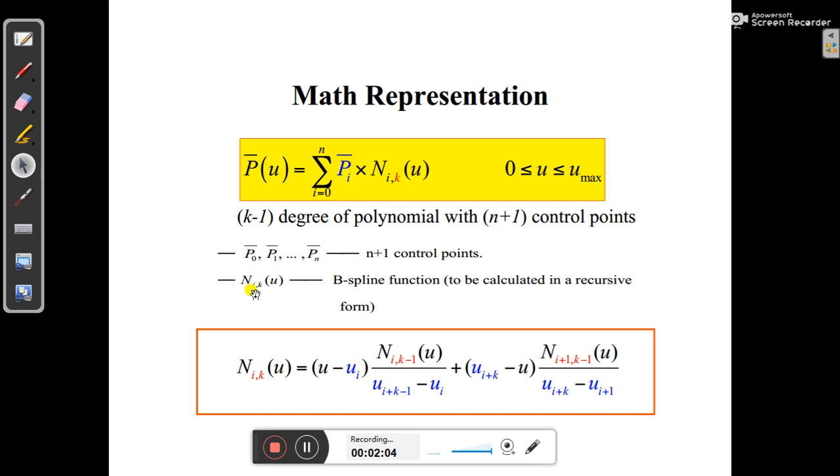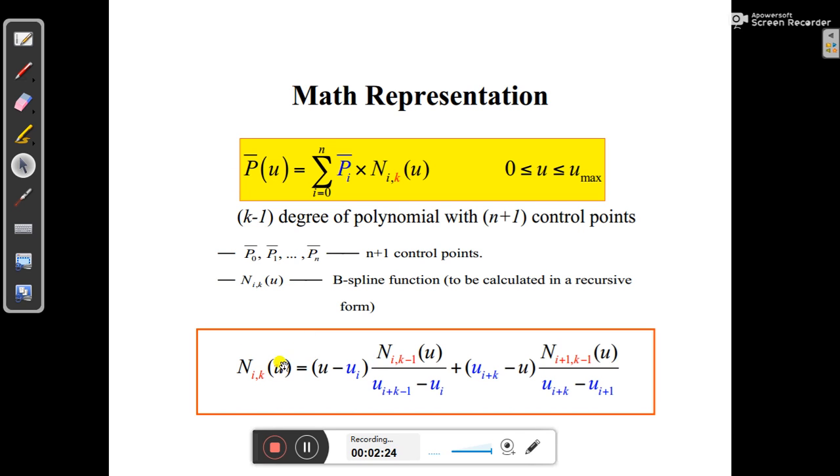And Nik, that is the B-spline function, is to be calculated in a recursive form. So we need to calculate that part, that is the B-spline function, to find the actual points of the curve.